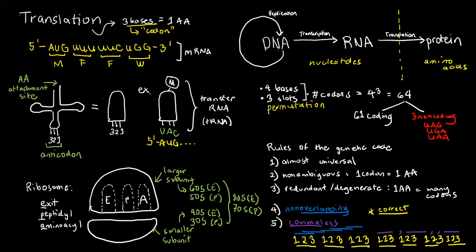So if we're going to convert that into a formula, the permutation that's possible here is equivalent to the number of characters we have raised to the number of things that can be combined at a time. In other words, it's going to be four bases raised to the number of slots, which is three. So doing this formula for permutation, 4 raised to 3 is 64. That means we have a possibility of 64 different codons.